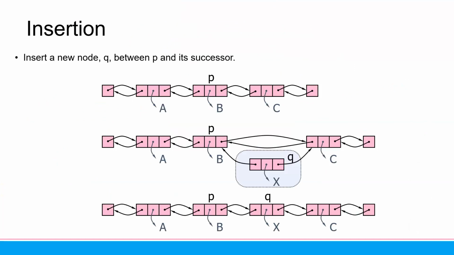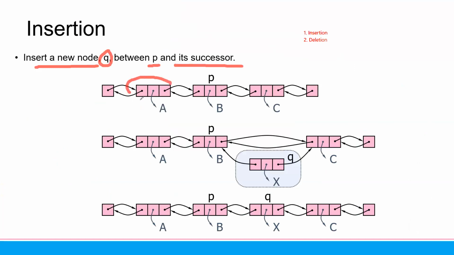As you might know, whenever we have one data structure or abstract data type, we will always have two kinds of operations: the insertion, and then the deletion. Now, how do we insert a node? Let's say I want to insert Q in between P and its successor.